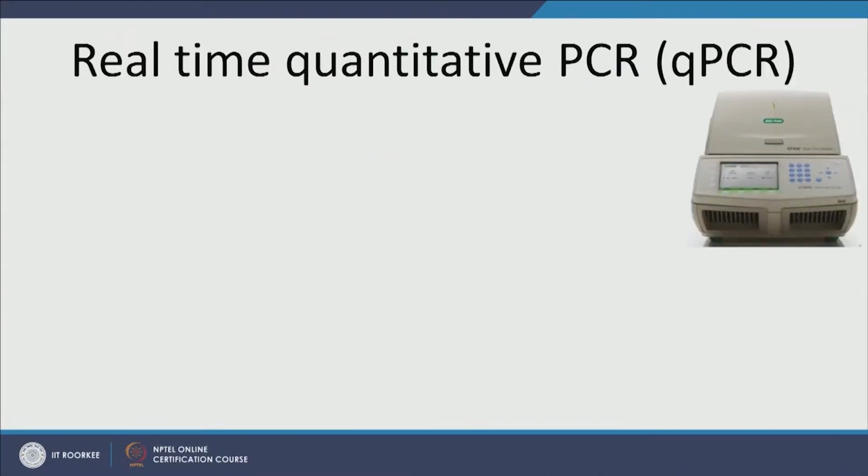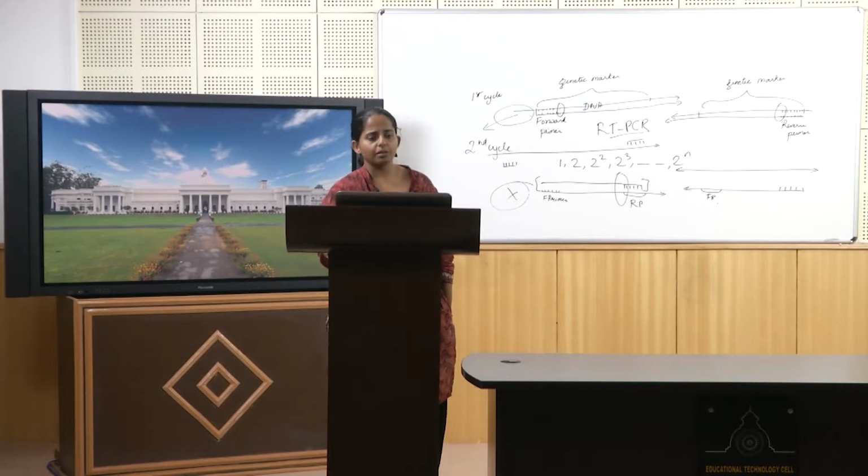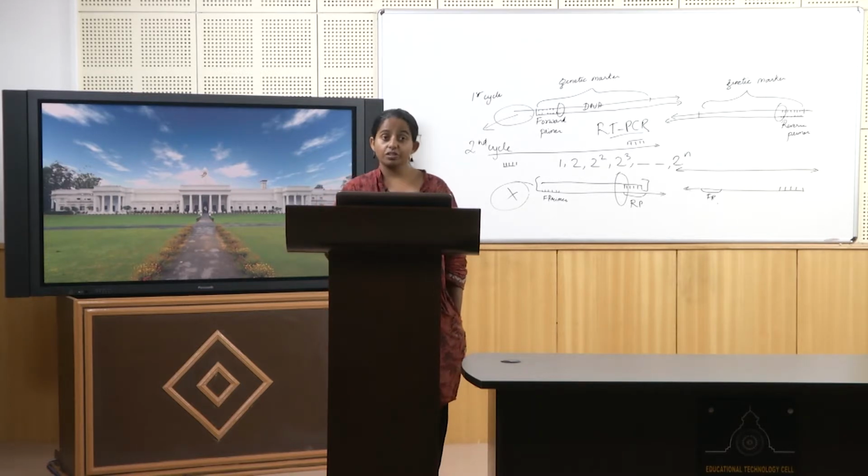Next is real time quantitative PCR. This is referred to as qPCR. Some people call it RT-PCR again, which is real time PCR, but it is confused with reverse transcriptase PCR, which we talked about a few minutes earlier, and thus I refer to it as qPCR. In qPCR, it is a quantitative version of PCR.